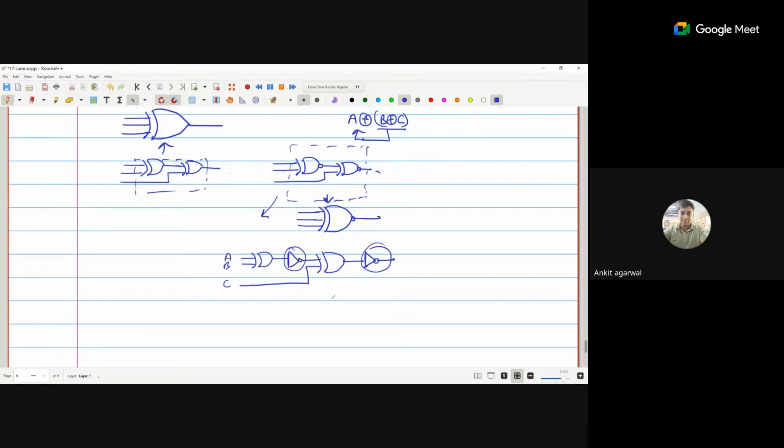If we apply them, finally we are getting back the same value, because one NOT gate will complement and the second NOT gate will complement again. So that's why the operation of three input XNOR is equal to the three input XOR.